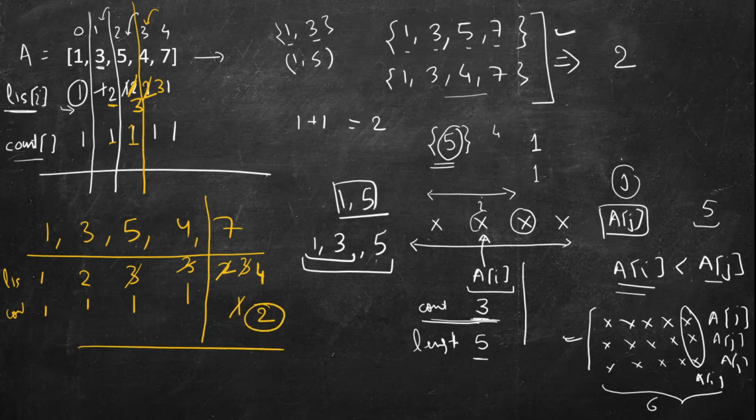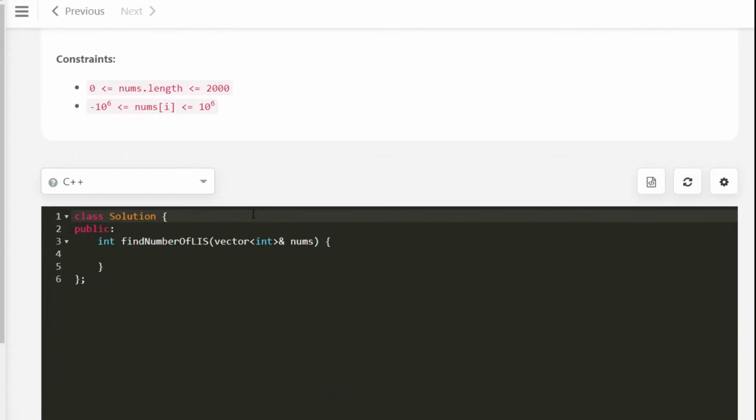So let's write the code, then it will be more clear. So let's cast the size into n. We will need it a few times. If n is less than equal to 1, if n is 1, it will be 1. If n is 0, it will be 0. So we can simply return whatever is value of n.